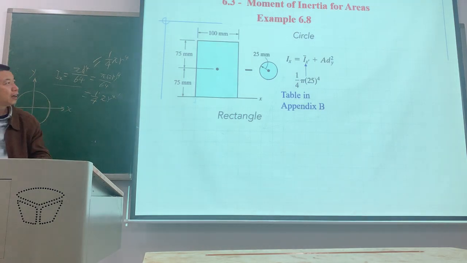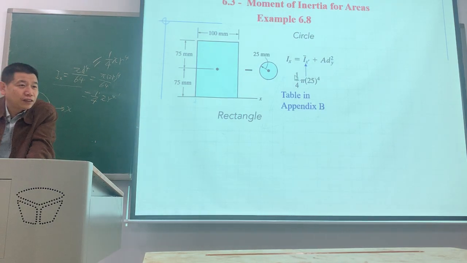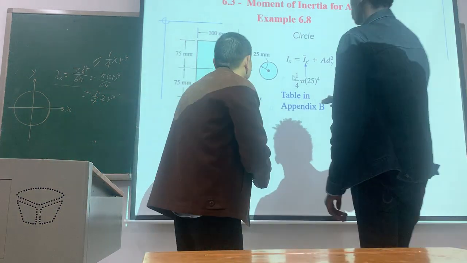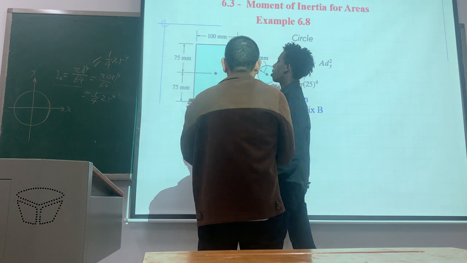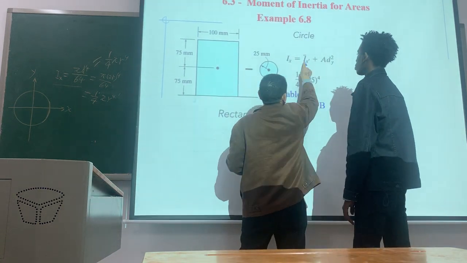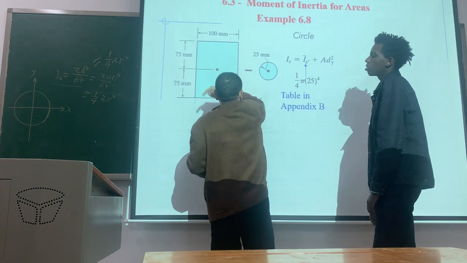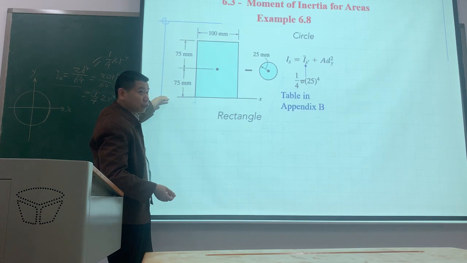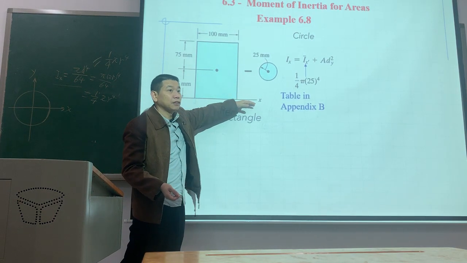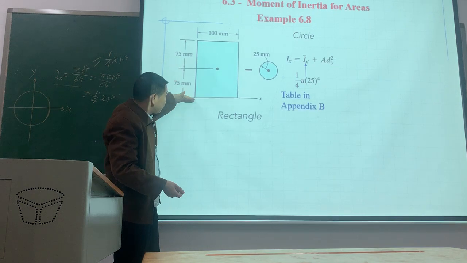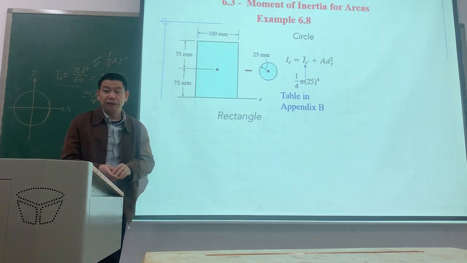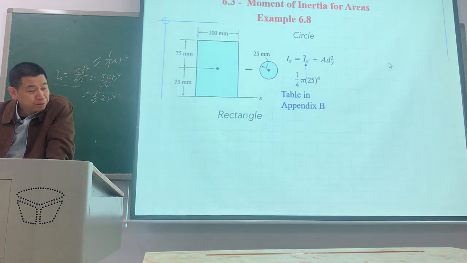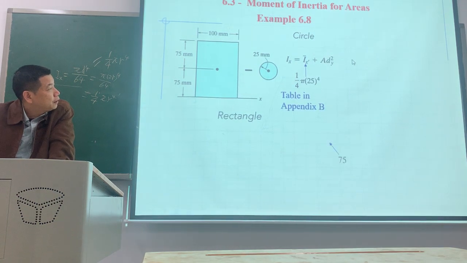Yes, now, the question is, you say here the moment of inertia about x. First for the circle, it's just about the x prime. X prime passes through the center of the circle. But in this example, it asks you to find the moment of inertia about this x.